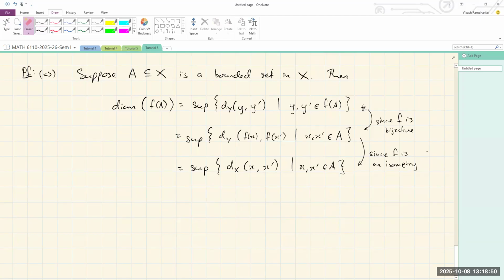Okay. And what do I know? Well, this last set is just the diameter of A, right? This is nothing but the diameter of the set A. It's the supremum over all distances of points where those points belong to A. That's the diameter of A. But A is bounded, so this is finite.